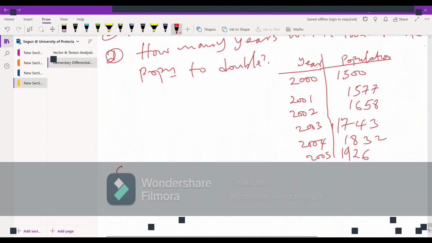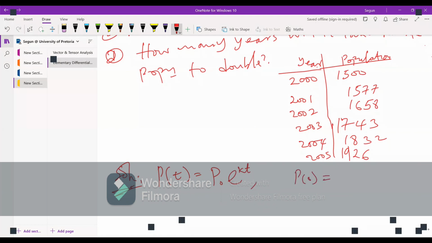To solve it, let's look at it. We have P of t equals P naught exponential kt. Then our P of 0, in this case the initial year 2000 that we started from, is 1,500.